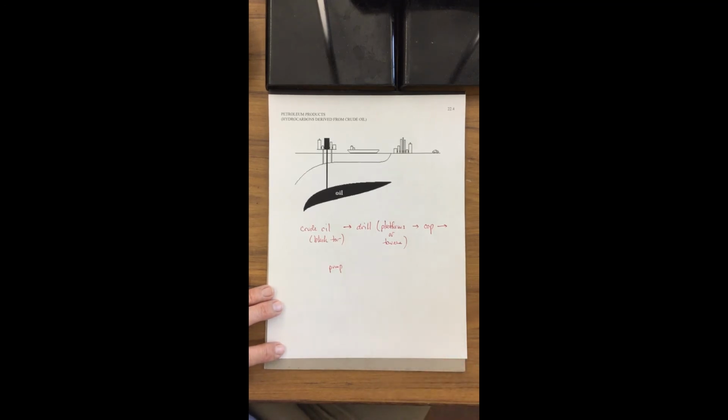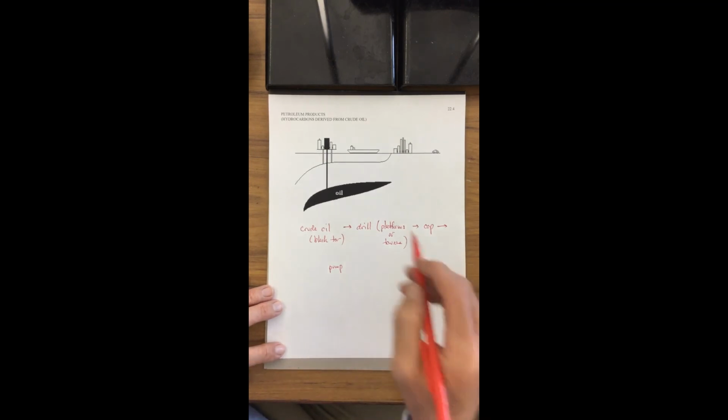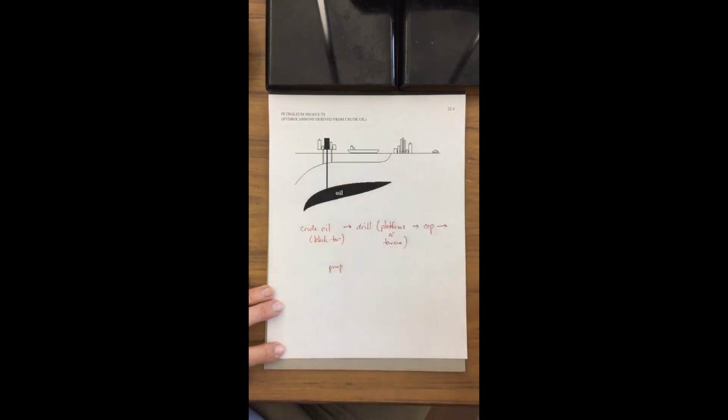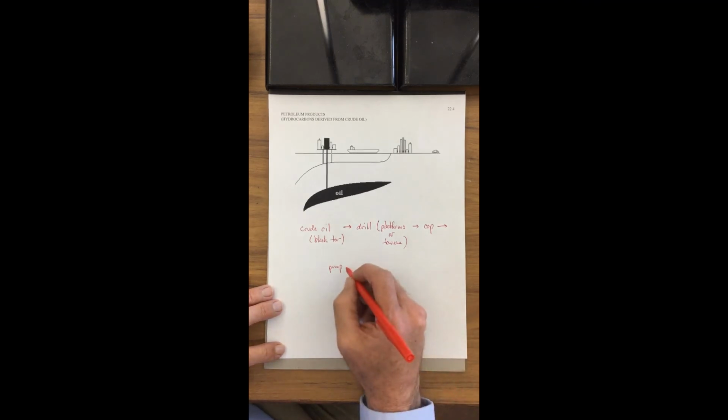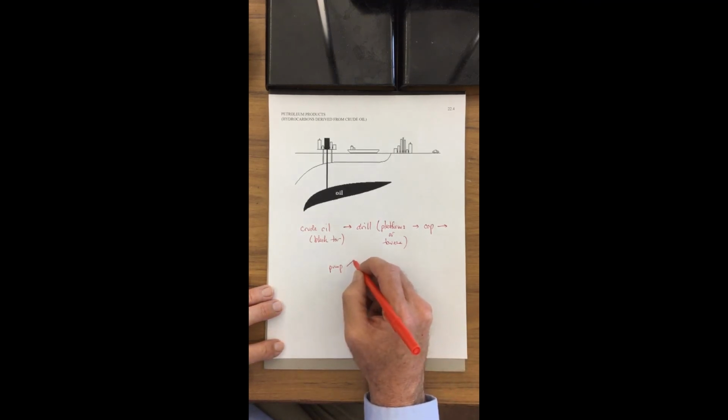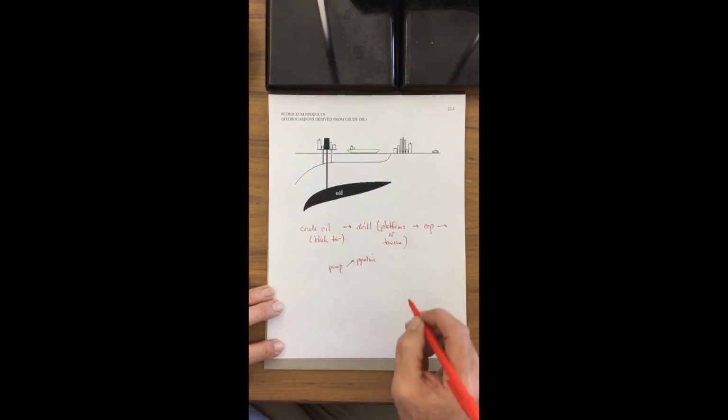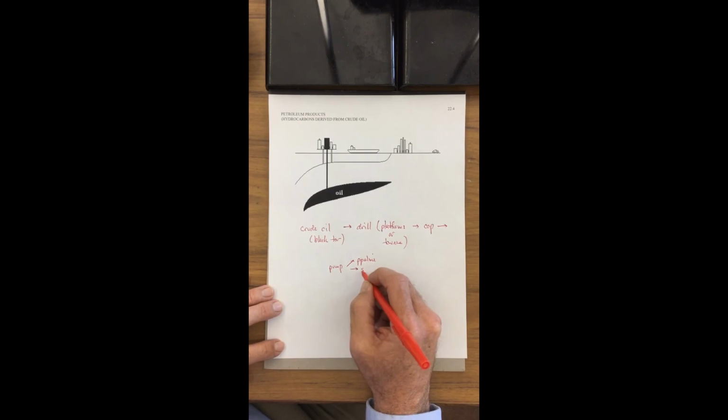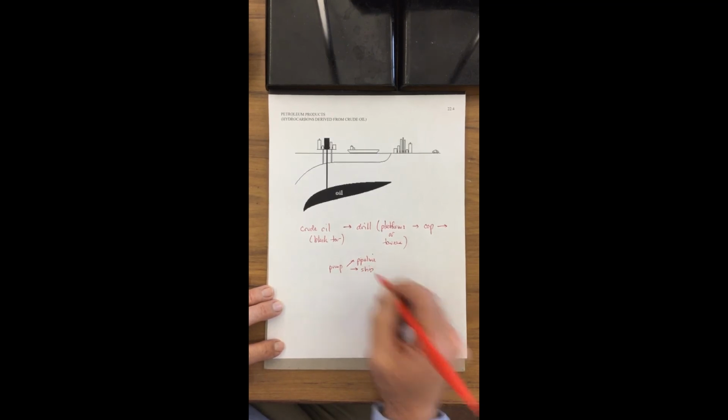After pumping it up to the surface, we can send it via ship, like these giant tankers that are transporting it across the ocean from the Middle East, or we can also do it through pipelines. So from the pump, it's either given to a pipeline, or we can also go to a ship, such as in the picture here.